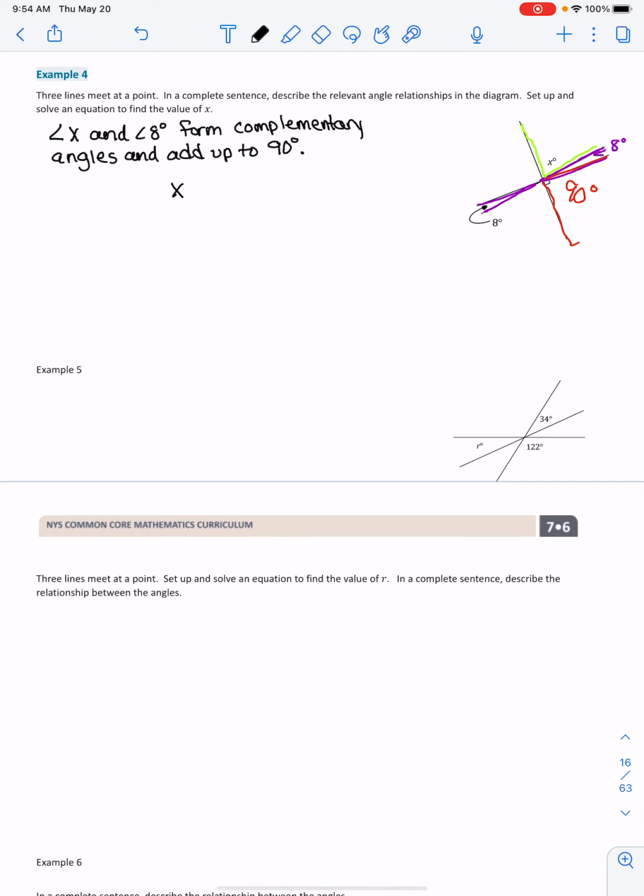So x plus 8 equals 90. So subtracting 8 from both sides, x will equal 82 degrees.